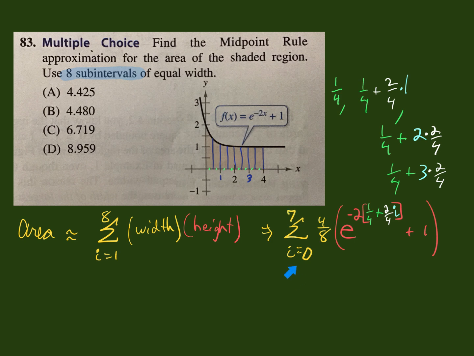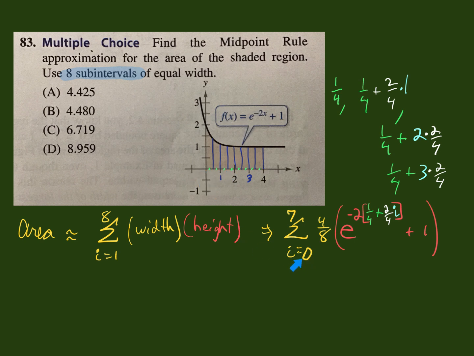Okay, so now we'll still have the 8 rectangles, 1, 2, 3, 4, 5, 6, 7, 8, and when i is 0, then we will have an x value, which is inside the red brackets, of 1/4 plus 0, which is our first x value, 1/4 plus 0, or just 1/4.